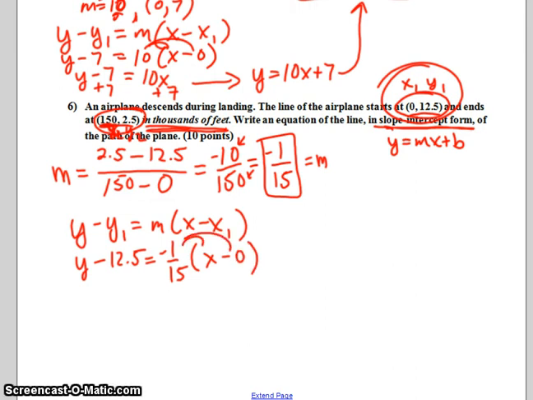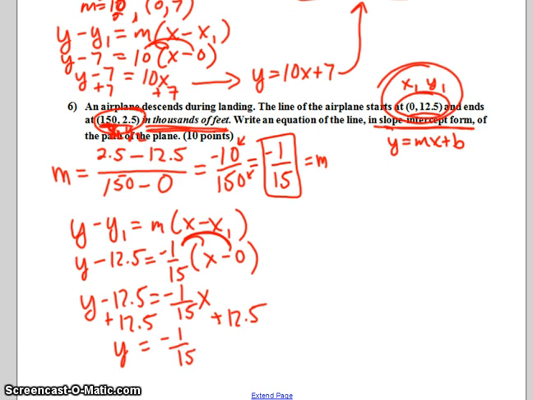Distribute. 1/15 times 0 is 0. 1/15 times x is 1/15 x. So when we do times 0, there's nothing over here. Y minus 12.5, add 12.5, add 12.5, y equals negative 1/15 x plus 12.5. Y equals mx plus b.